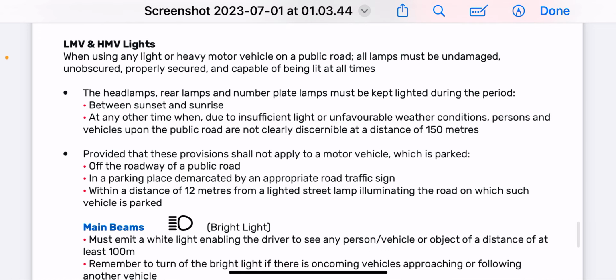When using any light or heavy motor vehicle on a public road, all lamps must be undamaged, unobscured, properly secured, and capable of being lit at all times.